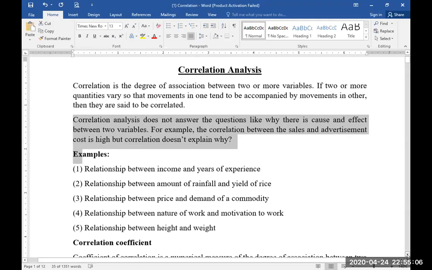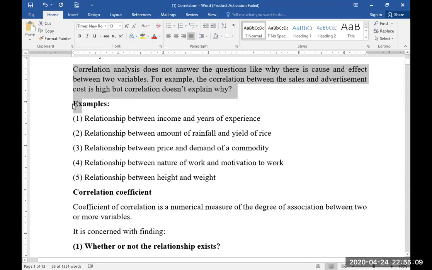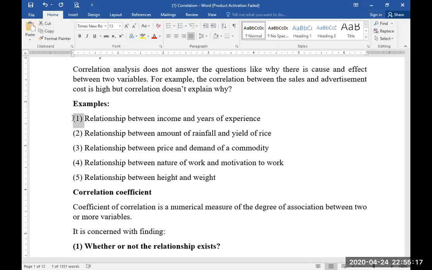The following examples give you the details of the relationship between different variables. Example number one, relationship between income and years of experience. Students, we know as work experience increases, the income also increases. Second example, the relationship between amount of rainfall and yield of rice.